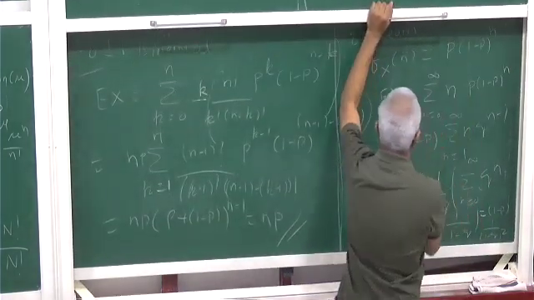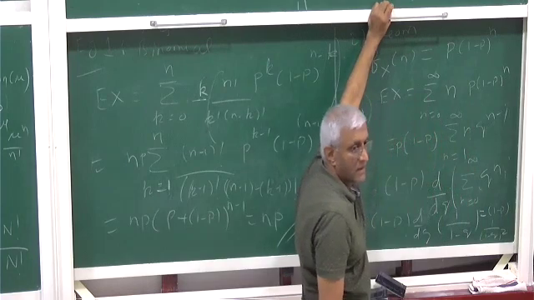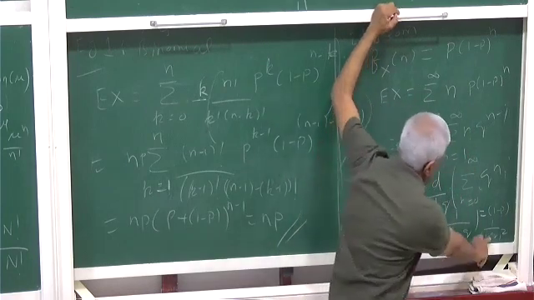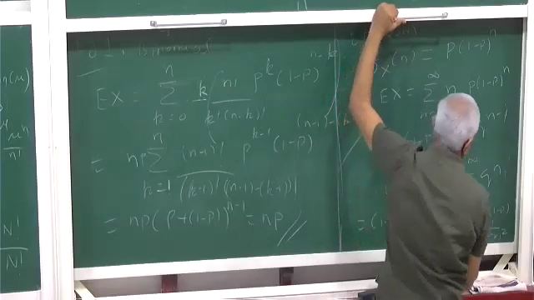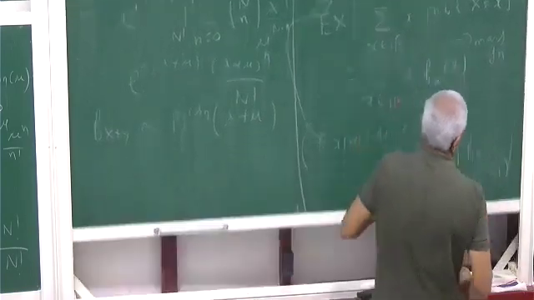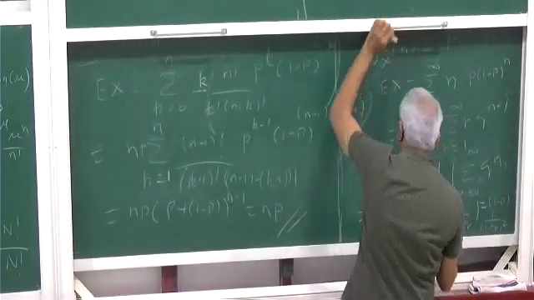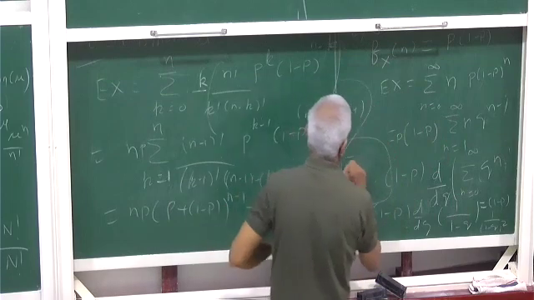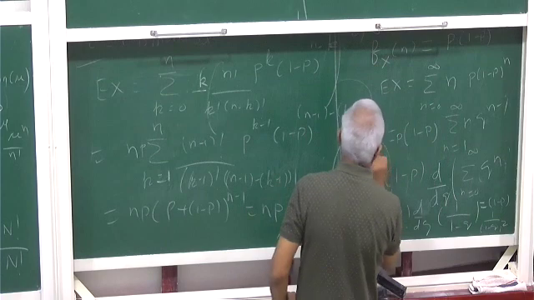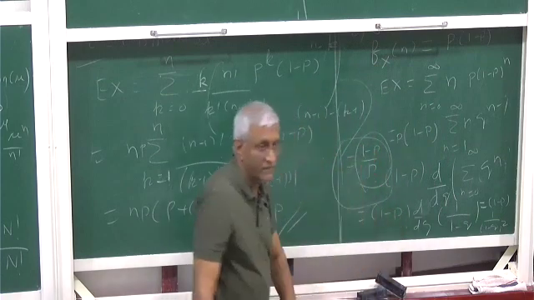So there is a p here, and 1 minus q is p. Something will cancel, and the answer is 1 minus p by p.